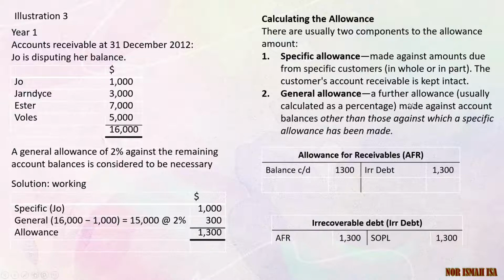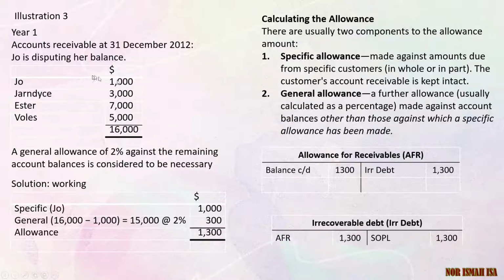So we look at this one. We will look at whether Joe pays or not. For general allowance or further allowance, it is usually calculated as a percentage. This one, 2% here. This is the general allowance, that means the balance after taking out the specific allowance made against account balances other than those against which the specific allowance has been made.